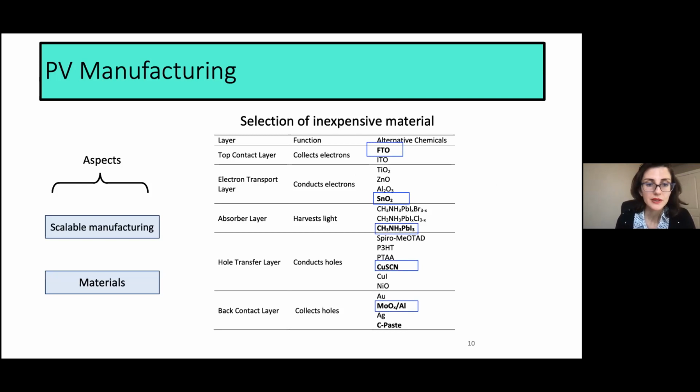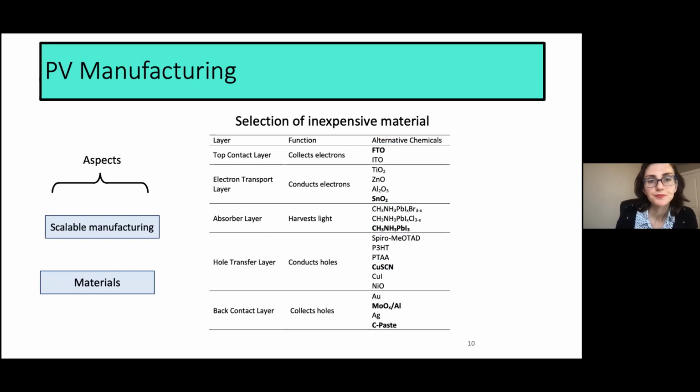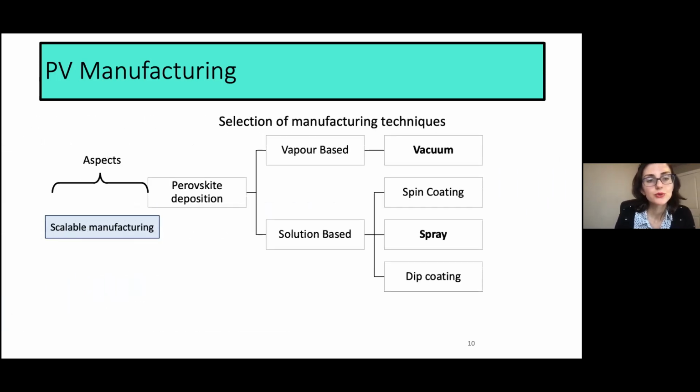As an absorber material, we identified methylammonium lead iodide as the best one. And for a hole transport layer, copper thiocyanate, a wholly inorganic material, could be better compared to copper iodide or nickel oxide and those organic materials. And as a back contact material, we identified molybdenum oxide mixed with aluminum as again the best alternative from a cost perspective. Then we looked into the different manufacturing techniques.